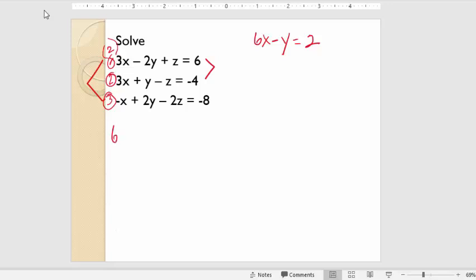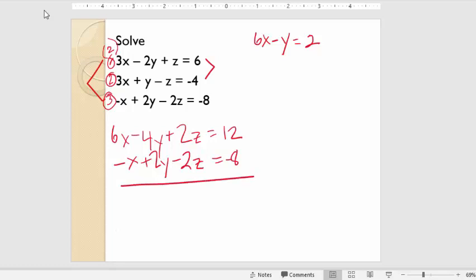That gives me 6x minus 4y plus 2z, and that equals 12. And I'll bring down equation number 3, which is negative x plus 2y minus 2z, and that equals negative 8. So I can eliminate the z's when I add down, and 6x minus x is 5x, minus 2y, and that gives me a positive 4.